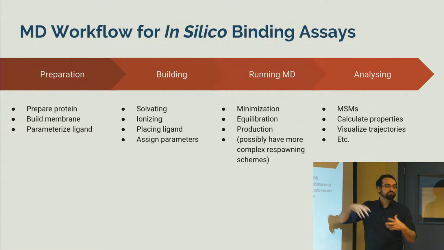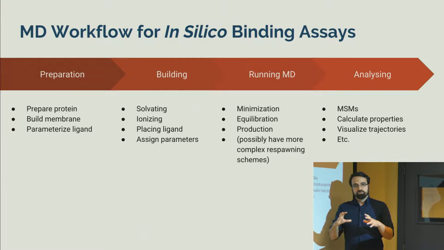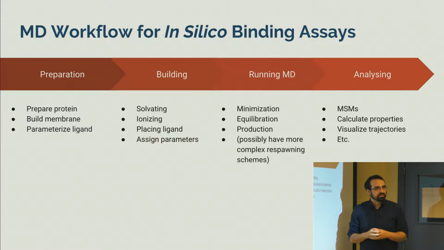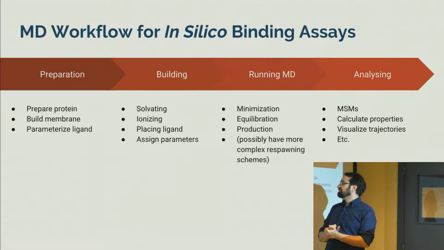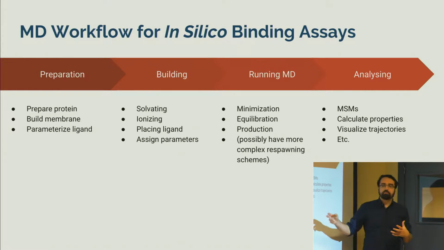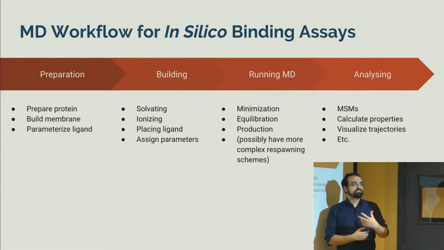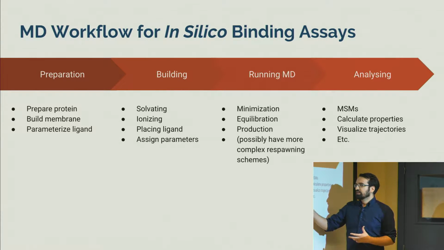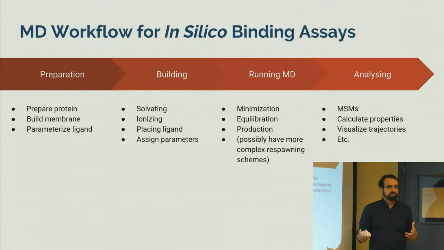For the same reason, we also need to equilibrate it, to bring it back to an equilibrium state. And then you need to do production after this equilibration. It's also possible to have some more complex sampling schemes, other than plain molecular dynamics, that are a bit smarter in a way.